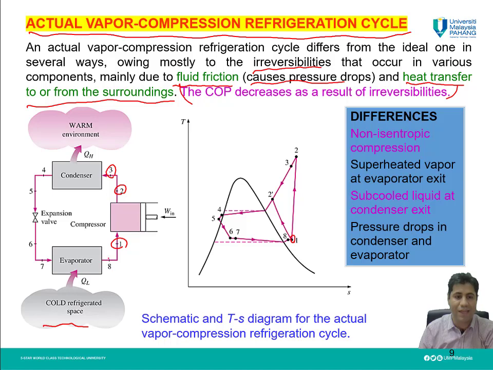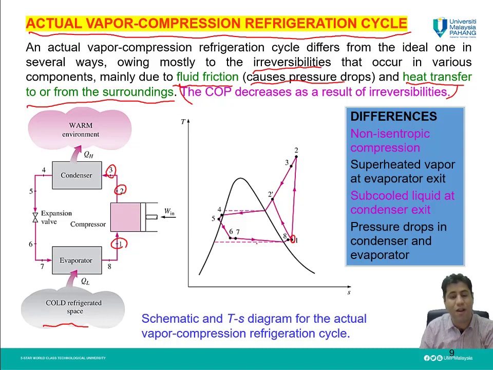And from state 8 to state 1, in this pipe, again we have a pressure drop and a temperature drop. How about the condenser, evaporator, compressor and expansion valve? If you notice in the expansion valve also, compared with the previous cycle, it is not a constant temperature process.